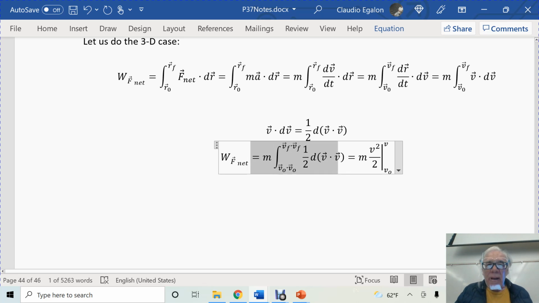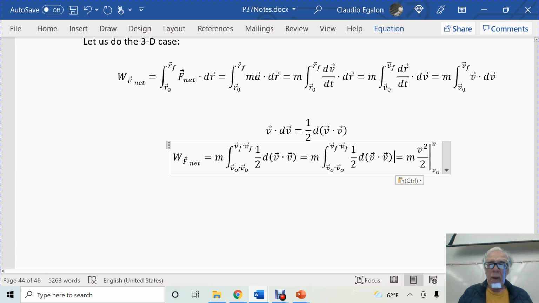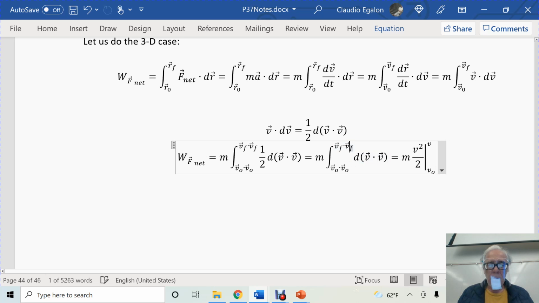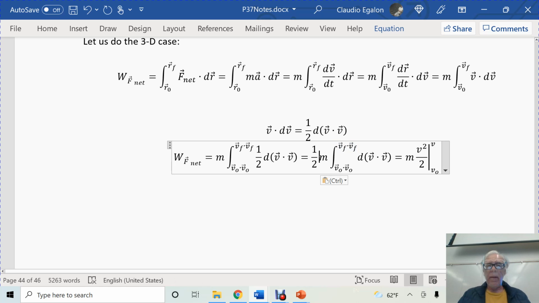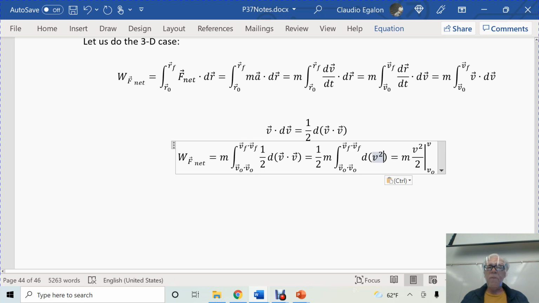So next, I'm gonna factor out this half term here. And I'm going to call this one a scalar, v squared, right? The square of the scalar velocity.